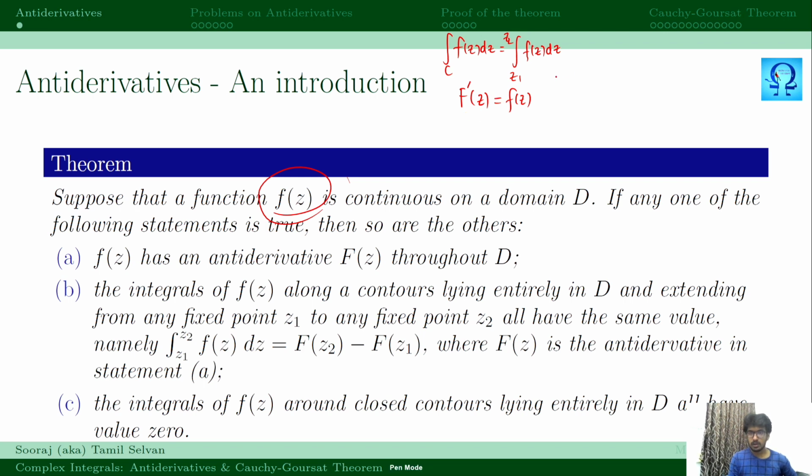So what is the unique characterization of this big F of z? This existence is unique up to the addition of a constant.